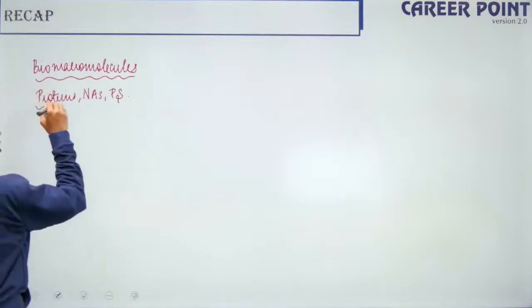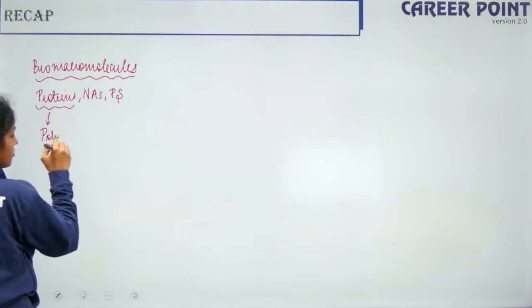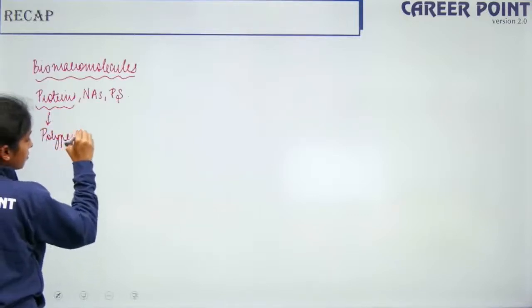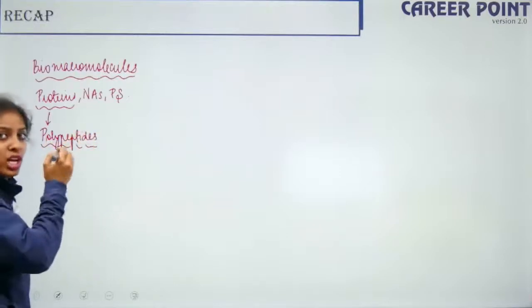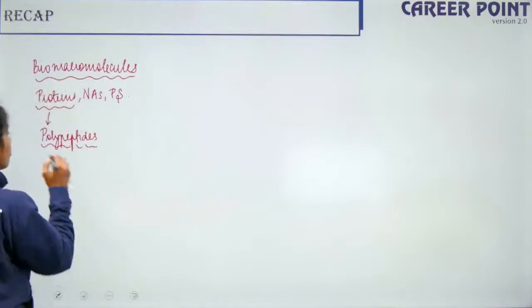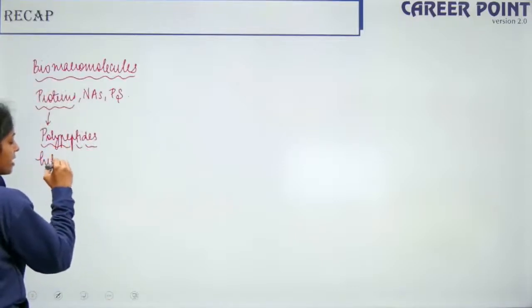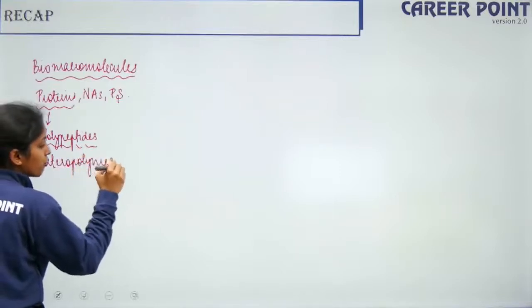So talking further about your proteins, they are polypeptides. So they are made up of amino acids which are connected together by your peptide bonds. So that is your polypeptides. But proteins are heteropolymers, meaning they are made up of many types of amino acids.